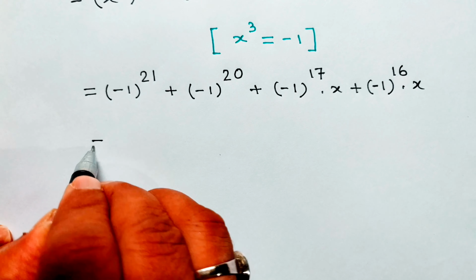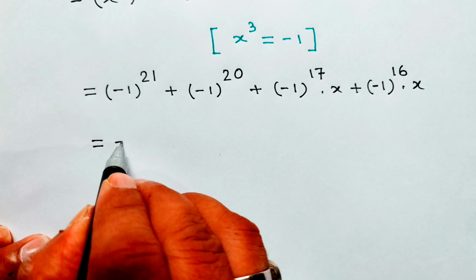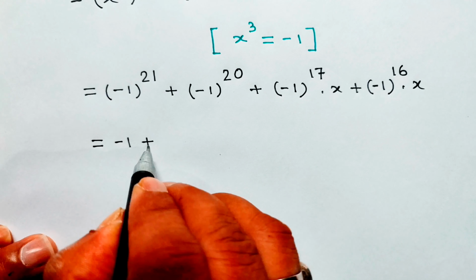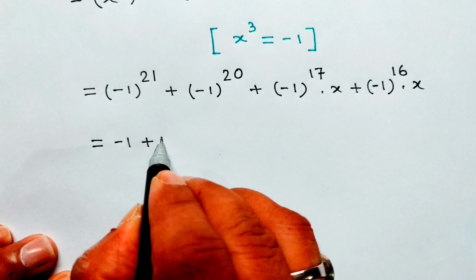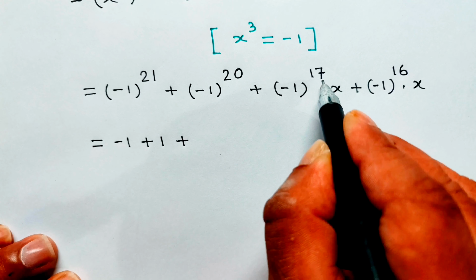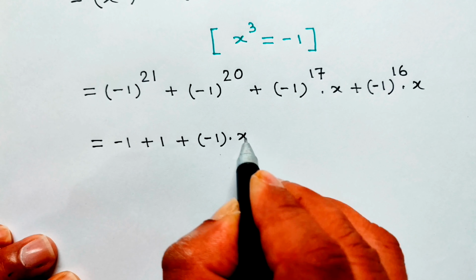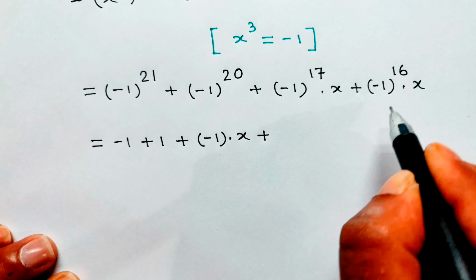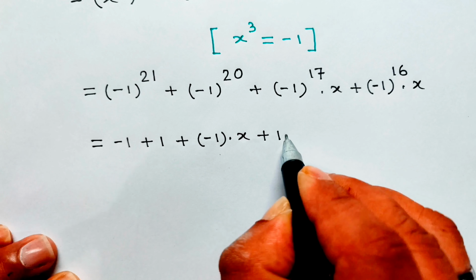Then minus 1 whole to the power 21 equals minus 1, minus 1 whole to the power 20 equals 1, minus 1 whole to the power 17 equals minus 1 into x, minus 1 whole to the power 16 equals 1 into x.